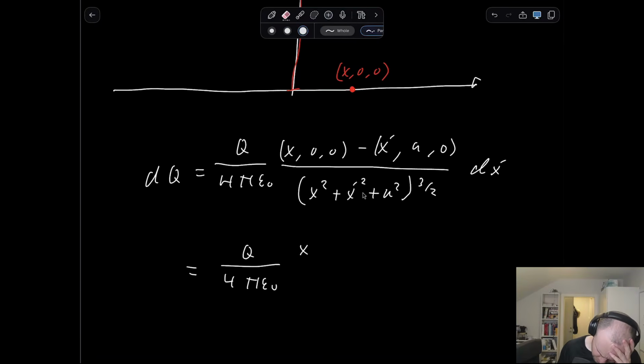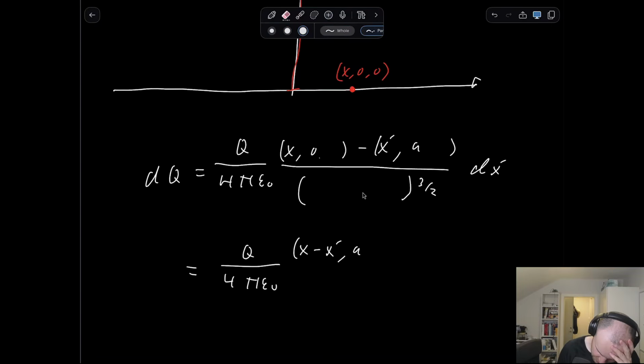Oh, no, I made a mistake. That is not a coordinate. I was too quick. Of course, it's x minus x prime as a coordinate. Then we have a. There's no reason to have said that, I don't know why I wrote that.